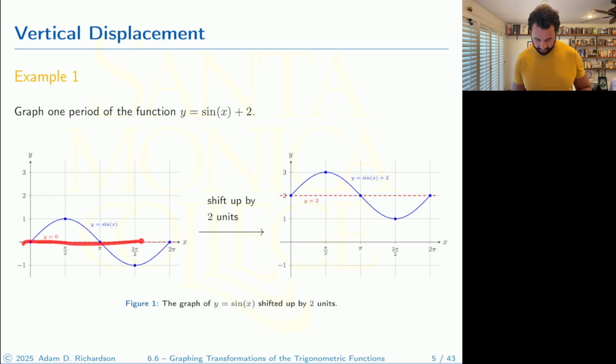So here, the midline was y equals 0. When there is no vertical shift, the midline is 0. But when there is a vertical shift, the midline is going to be that vertical shift. So it's going to be at the line y equals 2. But the graph looks the same. It just hovers around that midline. It's just shifted a little bit.